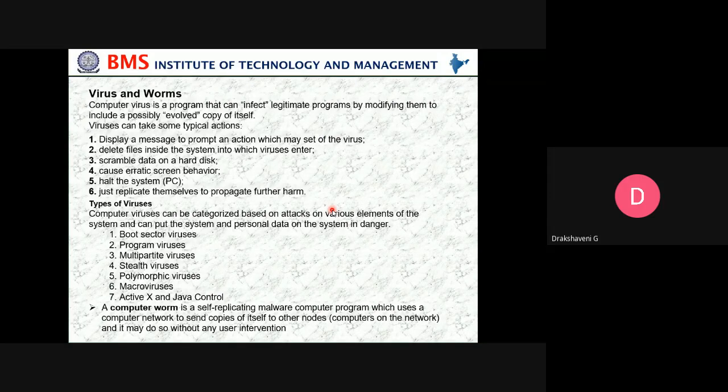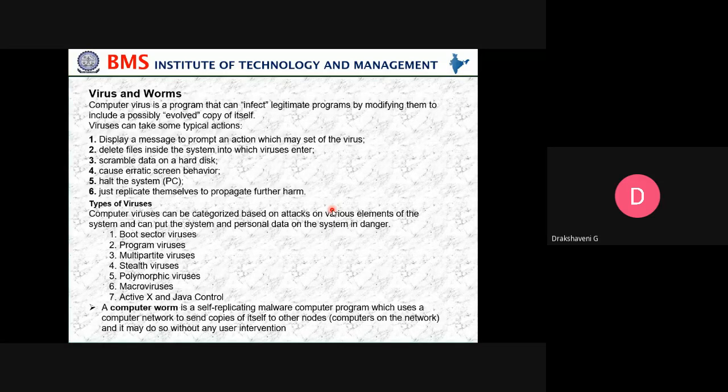First, display a message to prompt an action which may set off the virus, delete files inside the system into which the virus enters, scramble data on a hard disk, cause erratic screen behavior, halt the system, or just replicate themselves to propagate further harm.